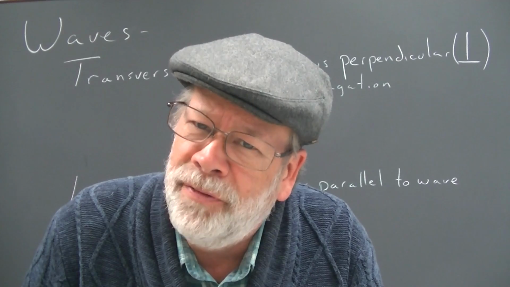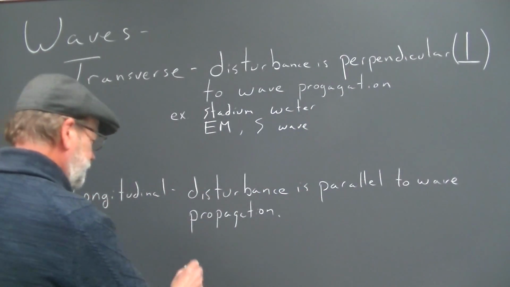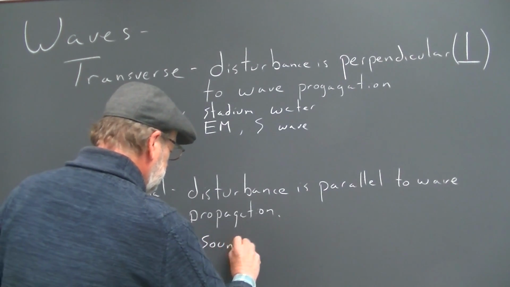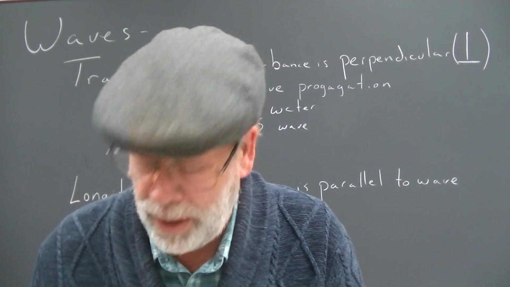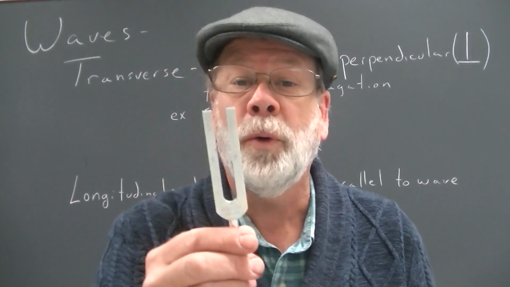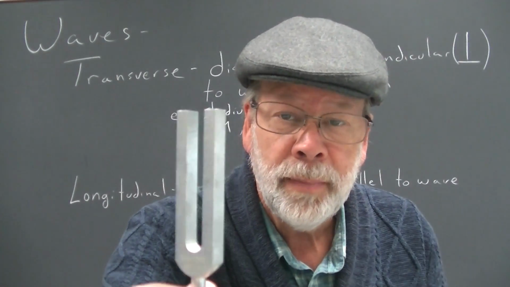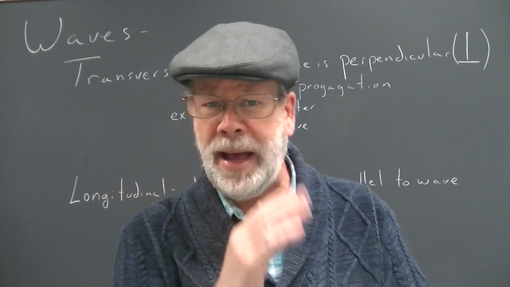But if you could hear my voice, a sound wave would be an example of that. A sound wave is a compressional wave. Okay, when I hit the tines on the tuning fork, it makes the sound because the tines on the fork are vibrating back and forth.